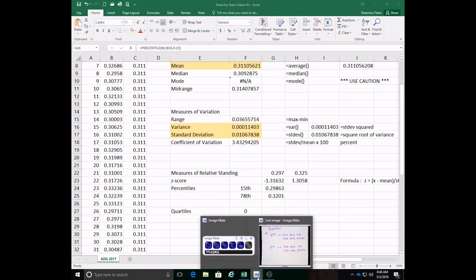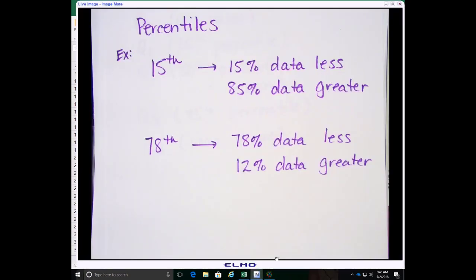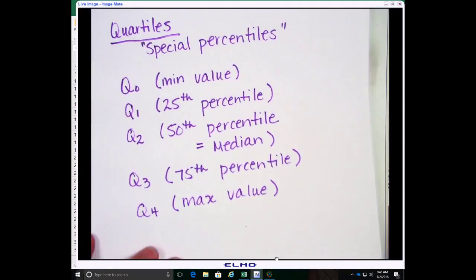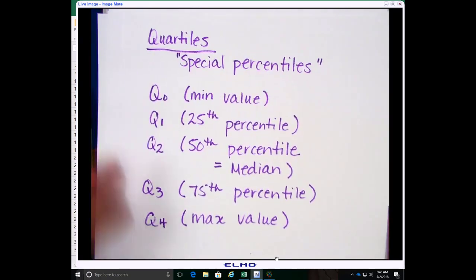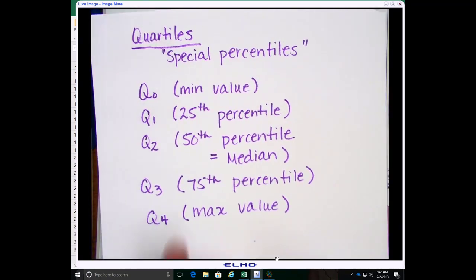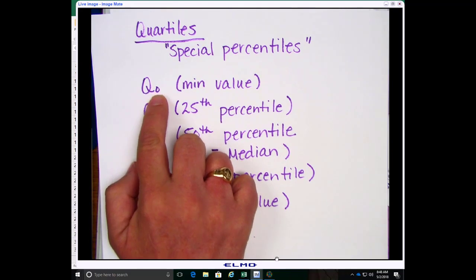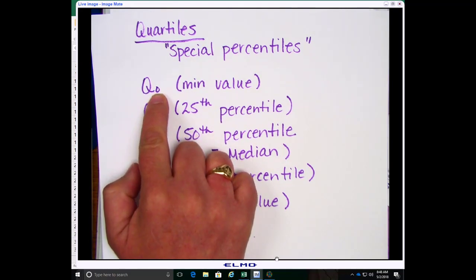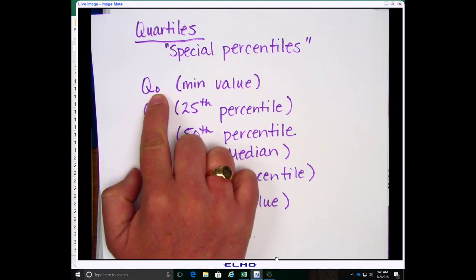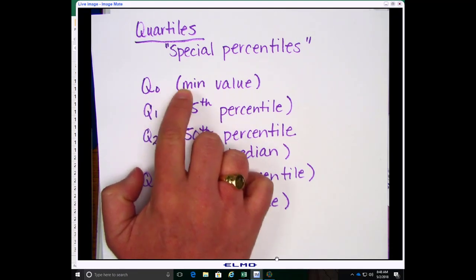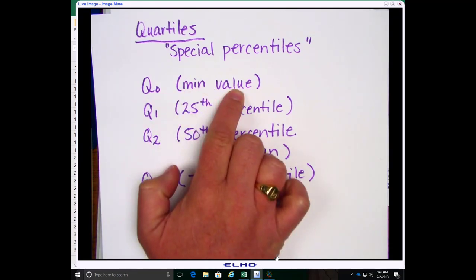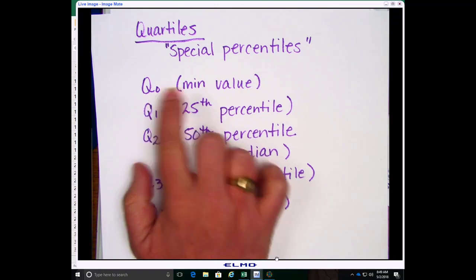So what are quartiles? Quartiles are special percentiles, meaning that they are percentiles, but they have fixed values. Sometimes you see quartile 0. I'm not sure our book talks about that one, but you can actually calculate it in Excel, and that's just going to be your minimum value. In other words, 0% of the data is below that.